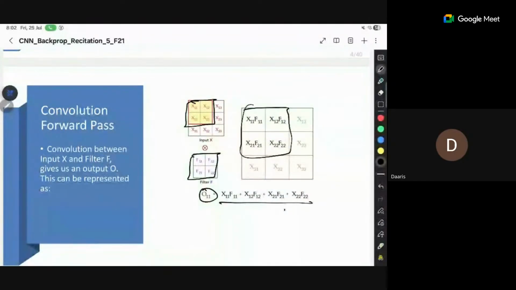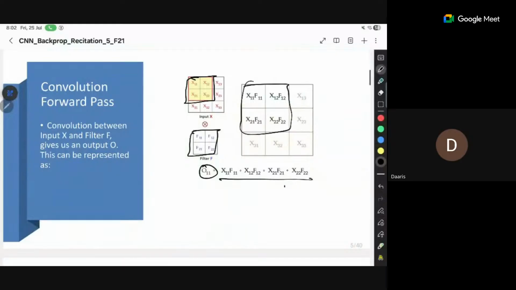Now, what in back propagation I'm going to do is, either I'm going to take the derivative with respect to any element of x, let's say x11 or x12, x21, x22, any element of x, or the other is I'm going to do similarly with f also, right? So f11.